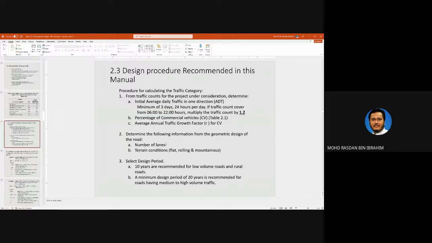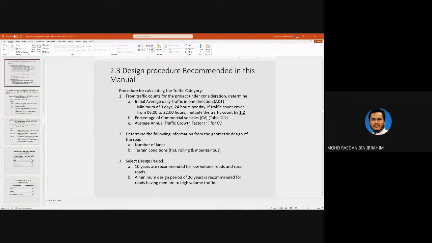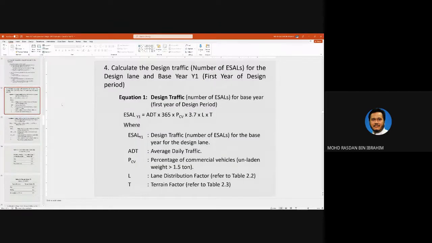Select design period. 10 years is recommended for low volume roads. For normal road lah, minimum design is 20 years, for roads that have medium to high volume traffic. So this is the first equation. You need to estimate the equivalent single axle load for year 1.